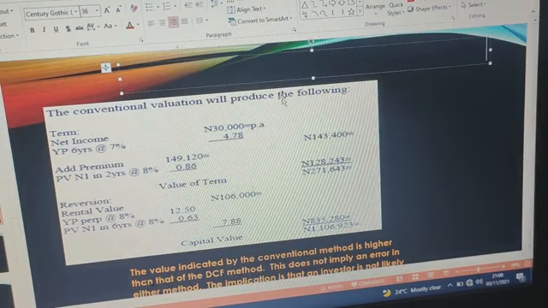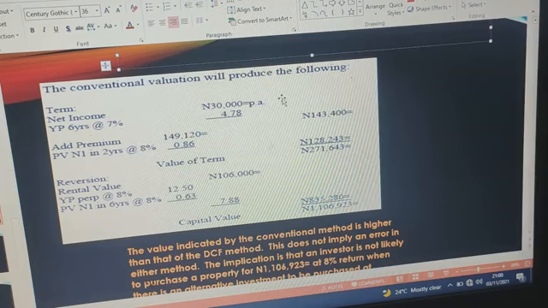The conventional valuation will produce the following. Term: net income N30,000 equals per annum. YP 6 years at 7%: 4.78, and 143,400 equals.